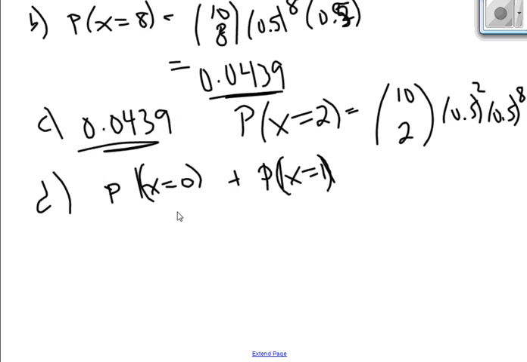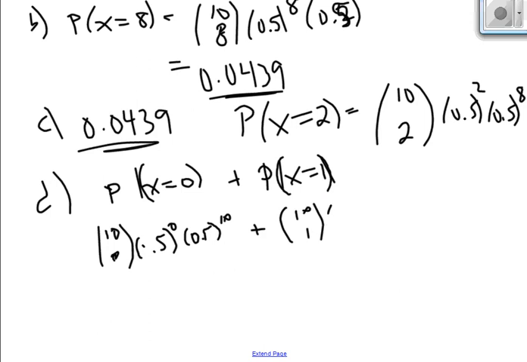And again, 0 plus 1 is the opposite of at least 2, because at least 2 is 2 plus 3 plus 4 plus 5, etc. So the probability of exactly 0: I'm going to do 10 choose 0, and then 0.5 to the 0, and 0.5 to the 10, plus, now I want 1, so 10 choose 1, times 0.5 to the 1, and 0.5 to the 9.